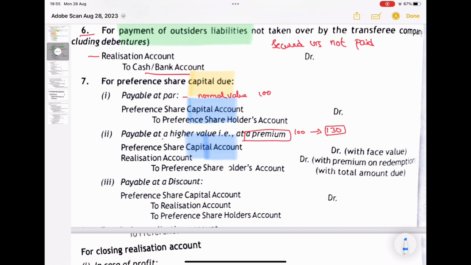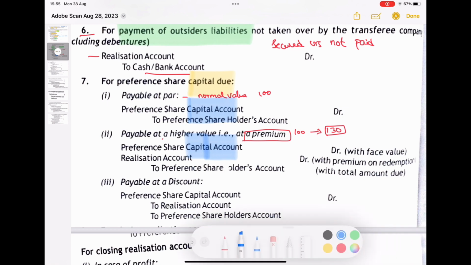So at the time of acquisition, the new company is going to pay the shareholders. They are purchasing it. During the time of purchase, we reverse the entry. So capital account debtor to the respective shareholders account. This is how we are going to pass the entry.